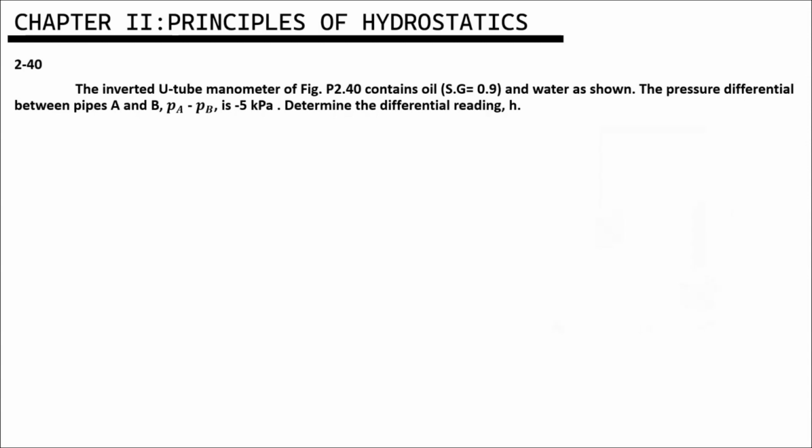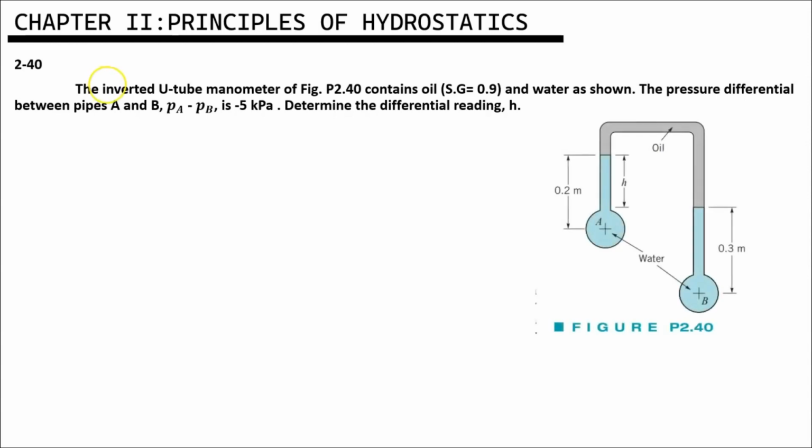So we have a figure here, and before we determine the differential reading, we need to identify first the given values of this problem. So we have specific gravity equal to 0.9.